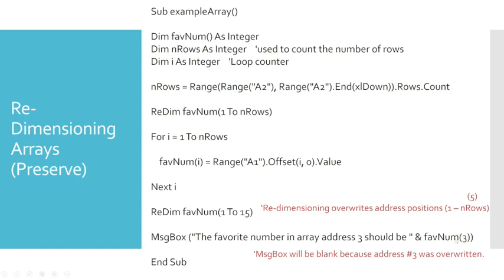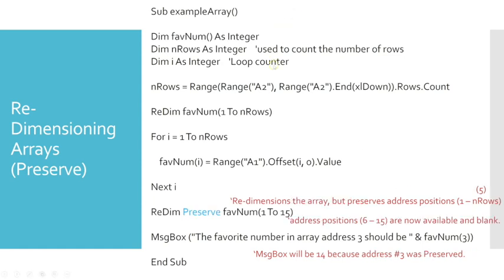So how do we get around that if we need to make it larger? Because we don't want to remove our data in the array, but we need to make it larger. Well, this is what we do. Here again, this code is the same, so I won't talk about it again. But now, when we redimension it to make it larger, I'm using this keyword preserve.